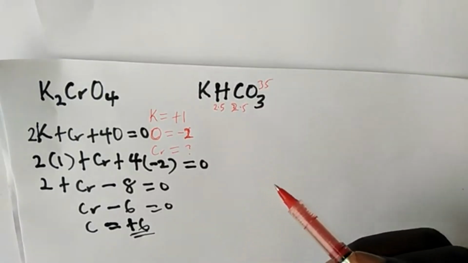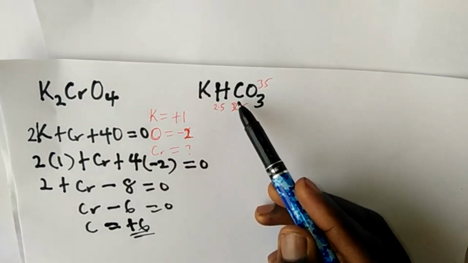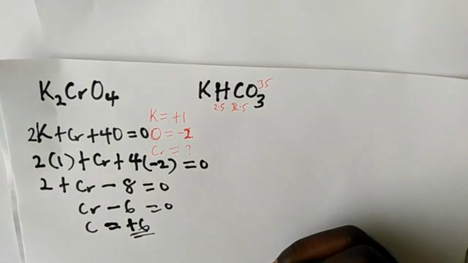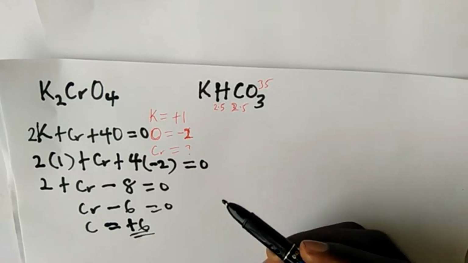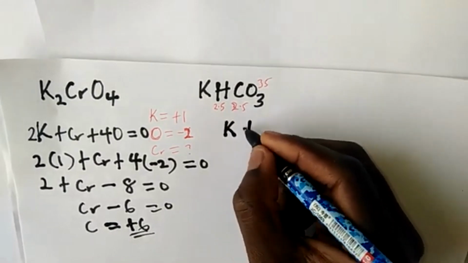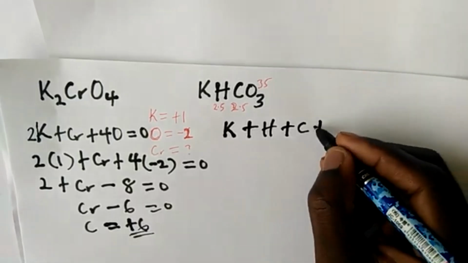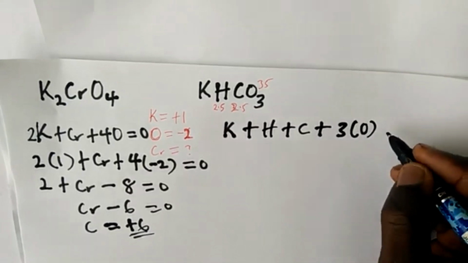Now oxygen will be electronegative, carbon will be partially electropositive, and hydrogen will be partially electropositive. So we say potassium plus hydrogen plus carbon plus 3 oxygen is equals to 0.